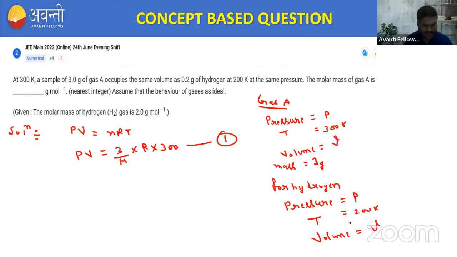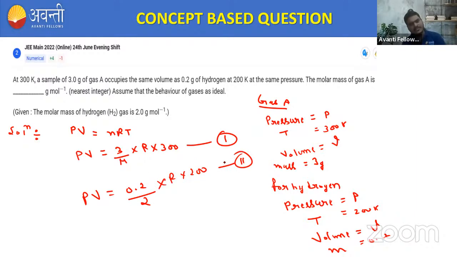Volume is V. And the mass is also given, that is 0.2 grams. Again use this formula: PV is equal to 0.2 divided by 2, since the molecular mass of hydrogen is 2, into R into 200. So from these two equations, if you divide them, you get the value of M very easily.